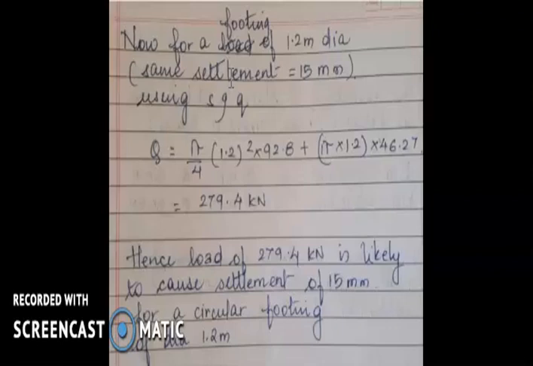So we already have the equation. What is the equation? Q is equal to A q plus P s. Area will be, now diameter is 1.2, it's a circular footing, so pi by 4 into 1.2 whole square. So pi d squared by 4 is the area of this footing, into the value of q that we just determined as 92.8, plus the perimeter of this footing, pi d, into the value of s.